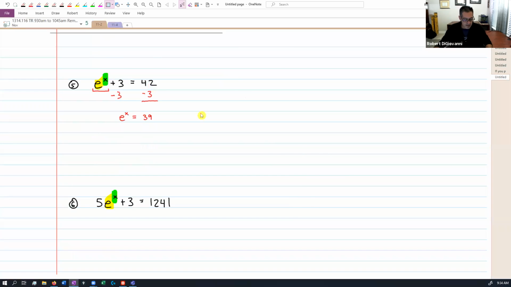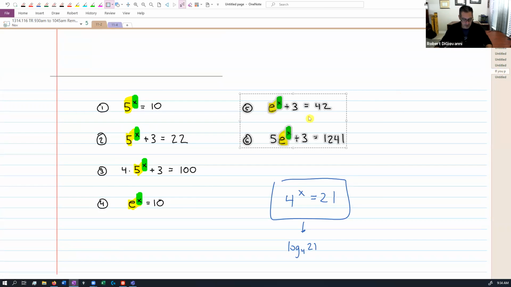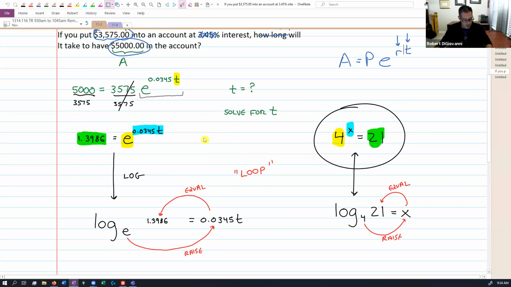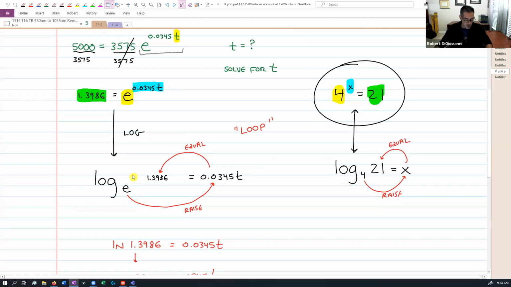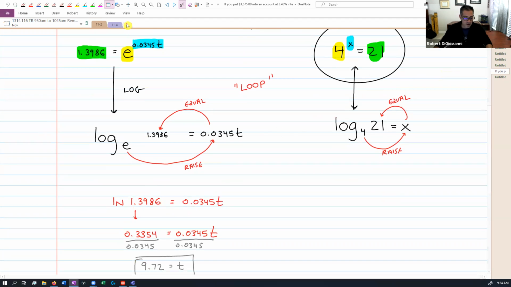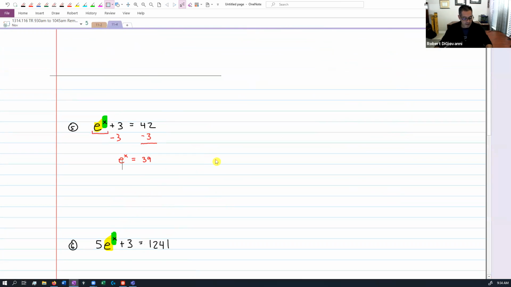Now, going back to last class, let me bring up how I did one of these. Whenever you have an equation where you're trying to solve for the variable, what we're going to do is convert this into a logarithm. And then once we do the logarithm, we'll use our calculator. So you have to go back to this idea of what a logarithm is.